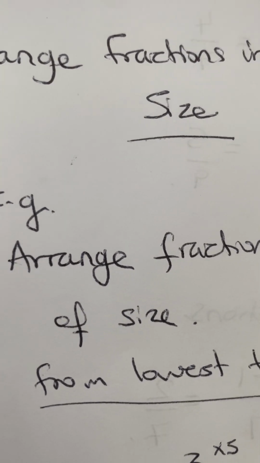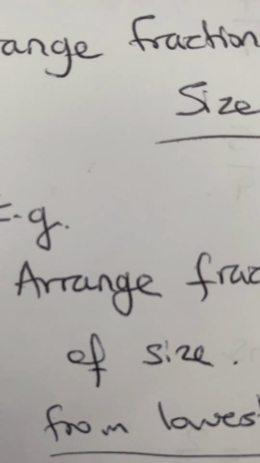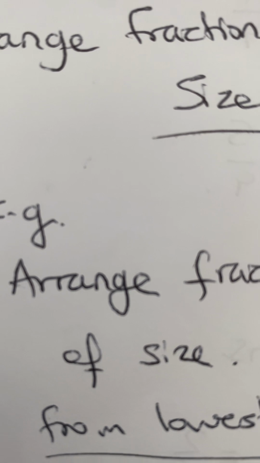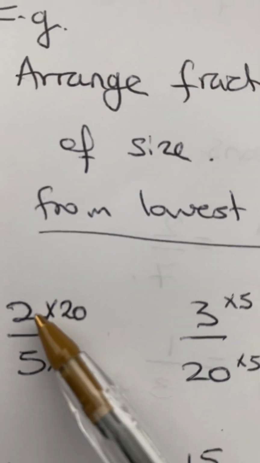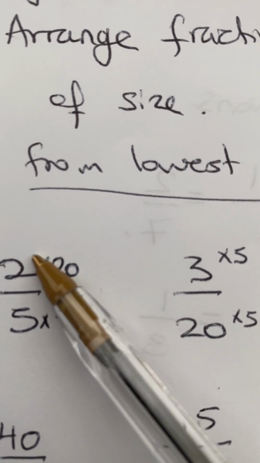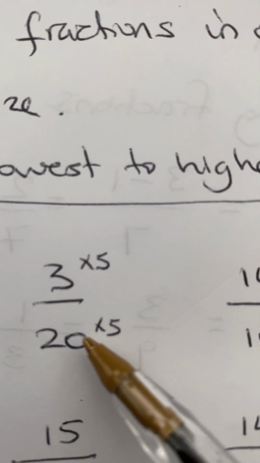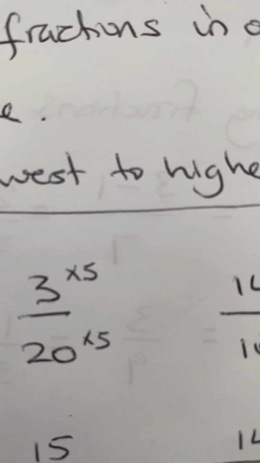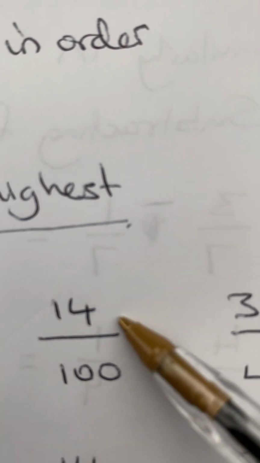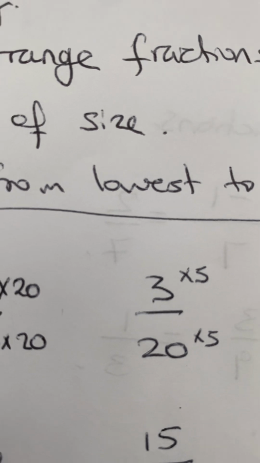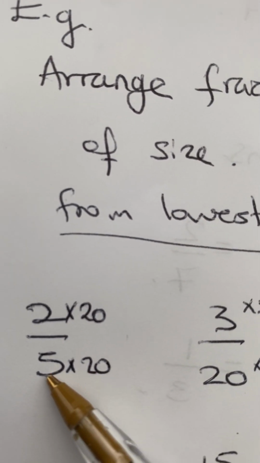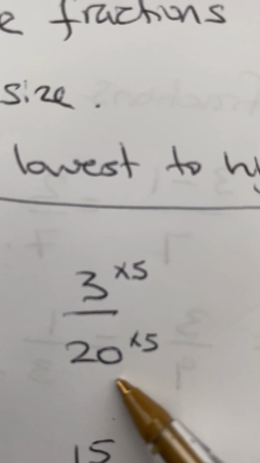But assuming you were given fractions with different denominators, as we can see here. Our first fraction is 2 over 5, our second is 3 over 20, our third is 14 over 100, and our fourth is 3 over 4. Four fractions with different denominators: 5, 20, 100 and 4.